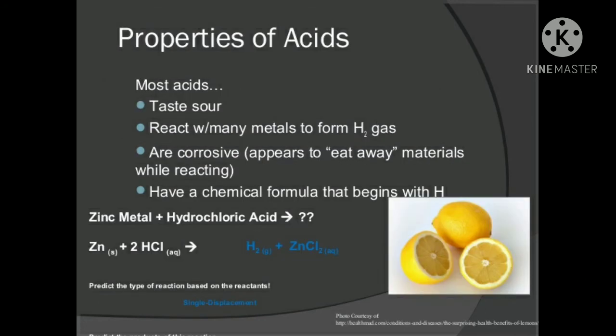The properties of acids are: most acids are sour in taste. They react with many metals to form hydrogen gas. They are corrosive. They appear to eat away materials while reacting.